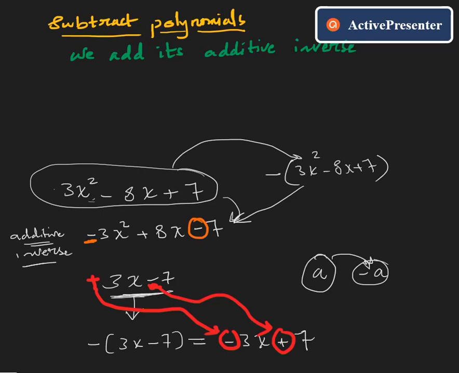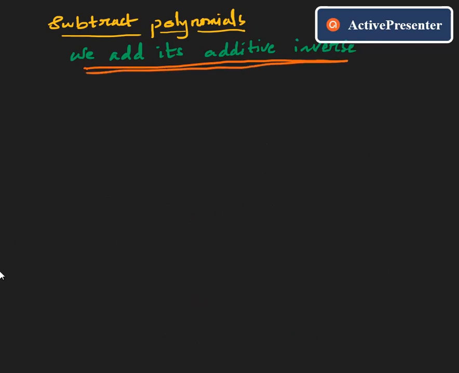Going back, how do we subtract polynomials? We add the additive inverse. For example, if a question says subtract these two polynomials, 2x minus 5 is the first polynomial, minus 3x minus 7. How do we answer that?